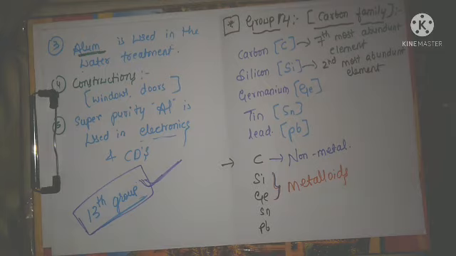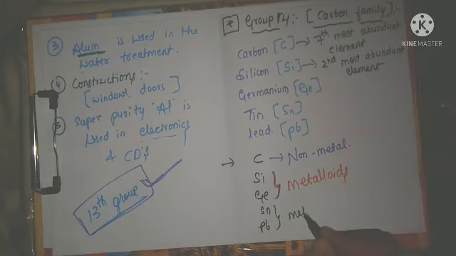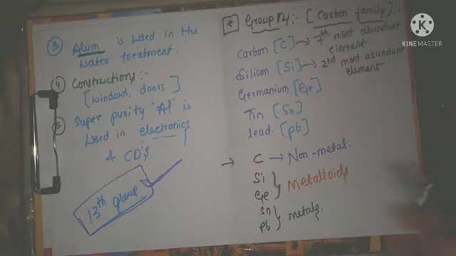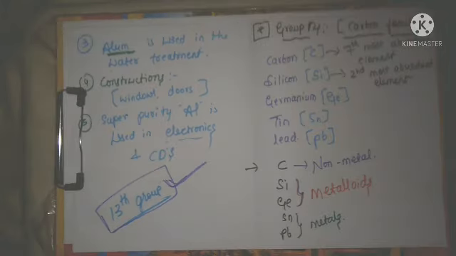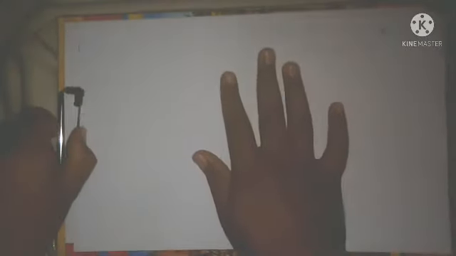Silicon and germanium are metalloids in the 14th group. And the last two, tin and lead, are metals in the 14th group. Means in the 14th group, carbon is the non-metal, silicon and germanium are the metalloids, and tin and lead are the metals. Next, we will go for the general properties of 14th group elements.